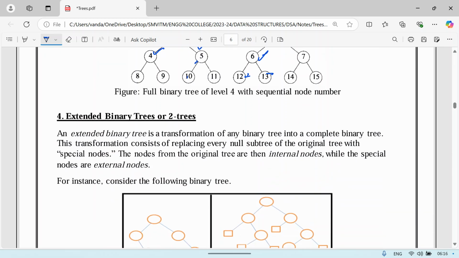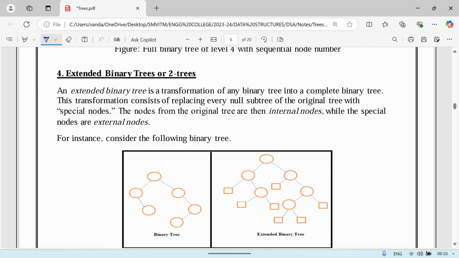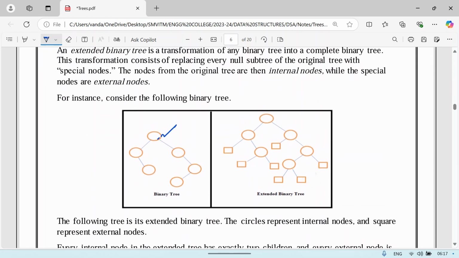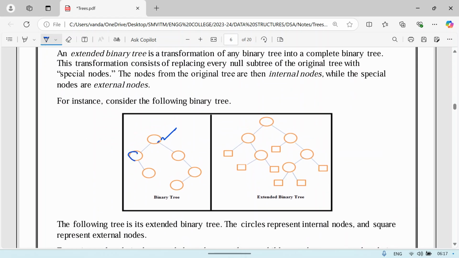And an extended binary tree. See, this is my binary tree. Extended binary tree means you have a binary tree and you have to make it a full binary tree. If you look at this particular node, it has only a right child, so you have to draw the left child.